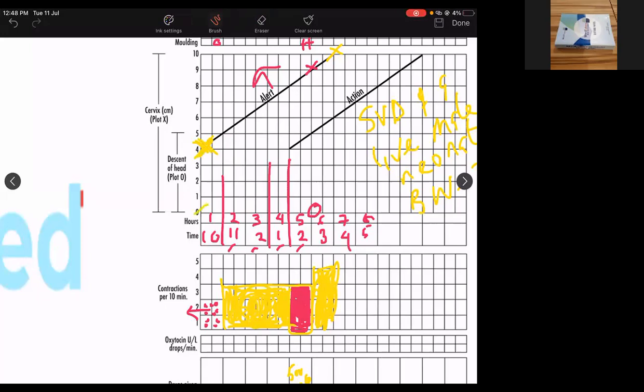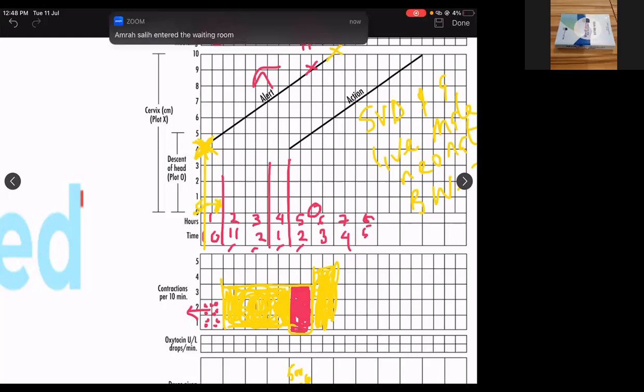This is 9:30 if you remember. This is 10. So if you plot it here, this is actually 9 a.m., not 10. I don't know if you get what I mean, because these two boxes are the first hour. If it won't confuse you, you can plot it that way.